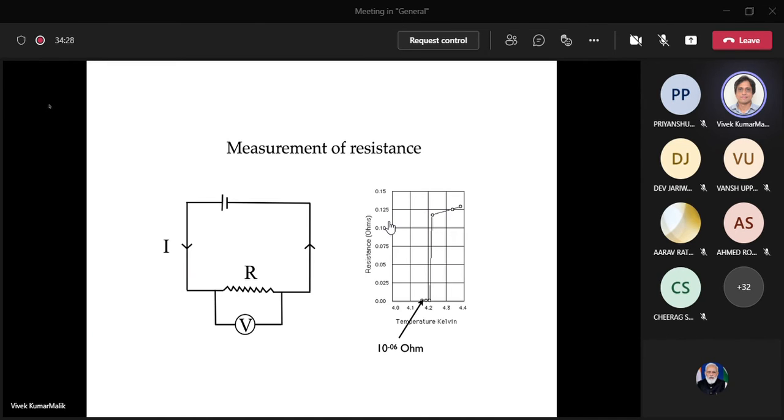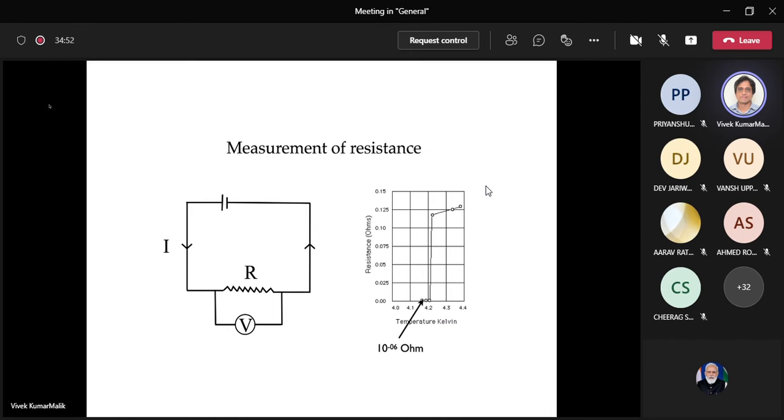But what is this value? How do you measure it? Actually, you cannot measure it. It's really 0. How did he reach the conclusion that it's 0 resistance? That is another story. But in this kind of measurement, you flow a current and measure the resistance by measuring the voltage across the resistor.